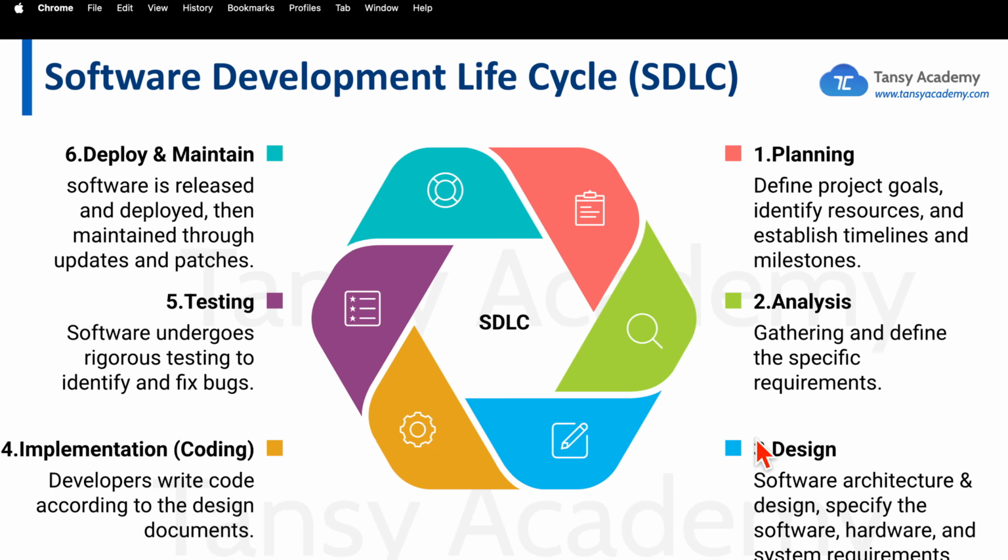There will be a design part where senior people will design the data model, and then in phase 4, implementation, there will be developers coding the front end and the back end logic, and you will also be involved as a database developer to write your stored procedures or queries, or to do report development.